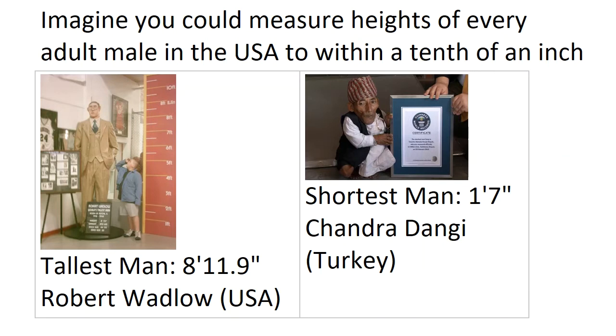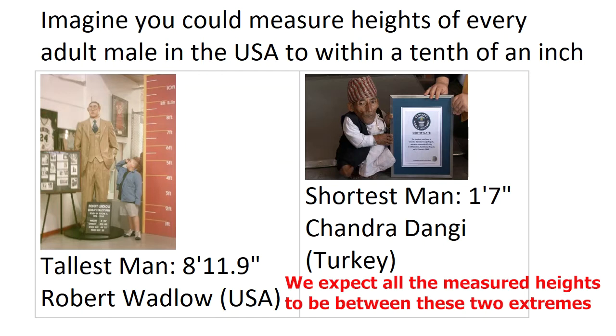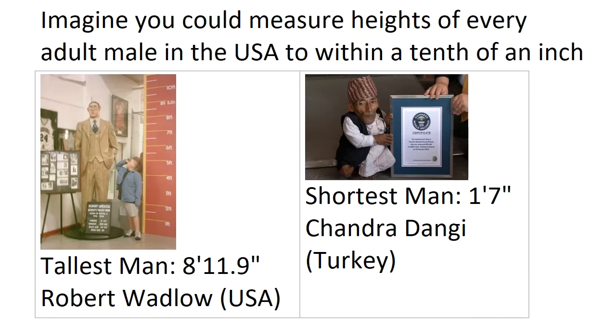So we would expect that every single measurement that we took was somewhere between 1 foot 7 inches and, let's say, 9 feet. I don't expect to find anybody 10 feet tall or 6 inches tall. And these very tall and very short heights for adult males are going to be very, very rare, aren't they?